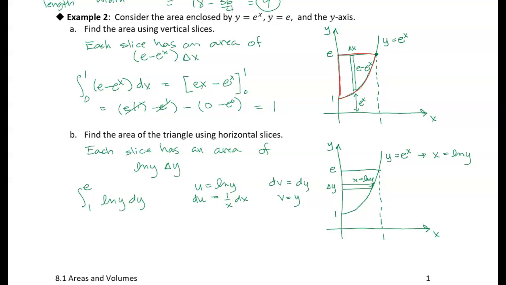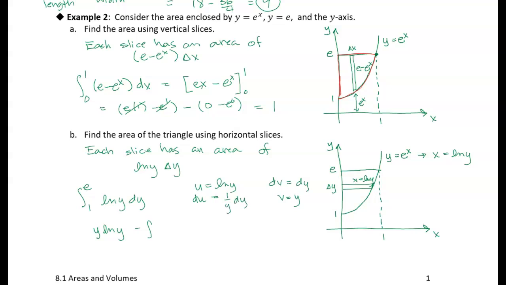So we're going to take u times v, so that's y times the natural log of y, minus the integral of v du. I think I used x here instead of y. Let me erase that, because we're integrating with respect to y.